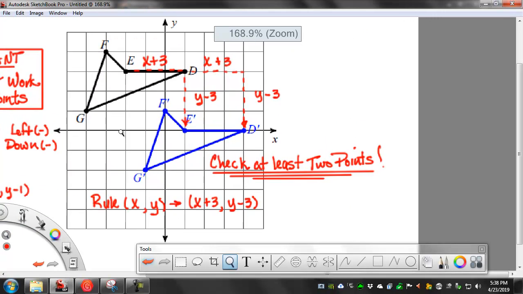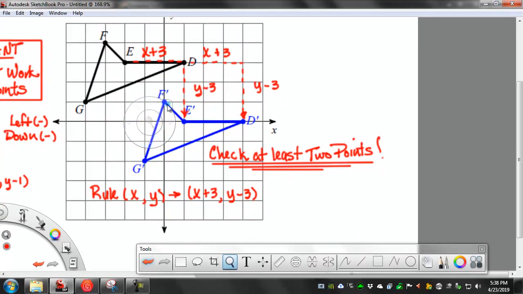Okay, now let's go to this other one over here, and let's apply the rules that we've just learned. So we start at F, and we go to F prime. If you look at F, it goes 1, 2, 3. So that would be x plus 3.